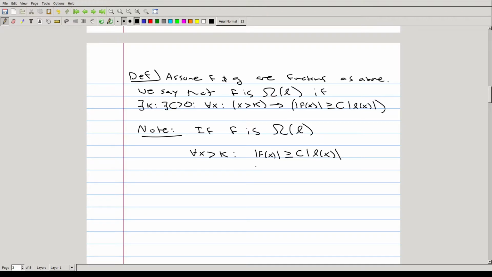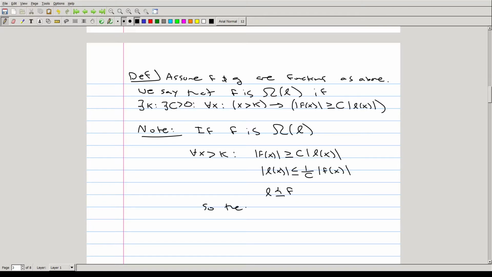This is mathematically the exact same statement as the absolute value of L of x being less than or equal to 1 over c times the absolute value of f of x, which is the same as saying that L as a function is dominated above by f.